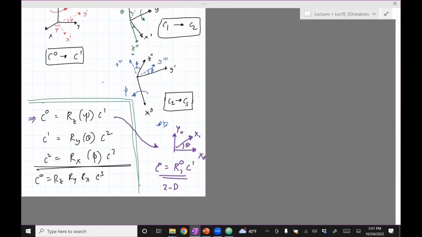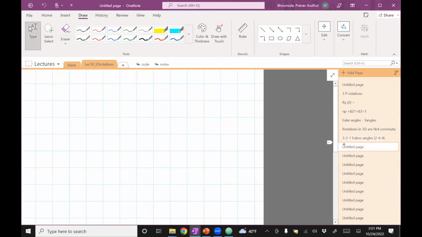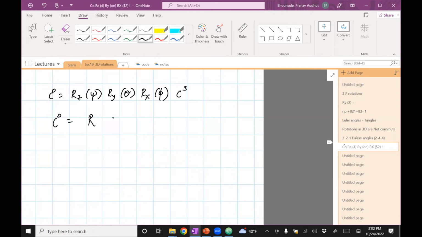So we have C0 is RZ of psi, RY of theta, RX of phi, C3. Or C0 is R times C3, where this is in the fixed frame, the global frame, world frame. And this C3 is in what is known as the body frame.